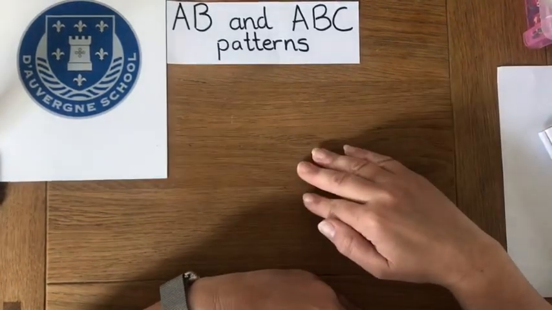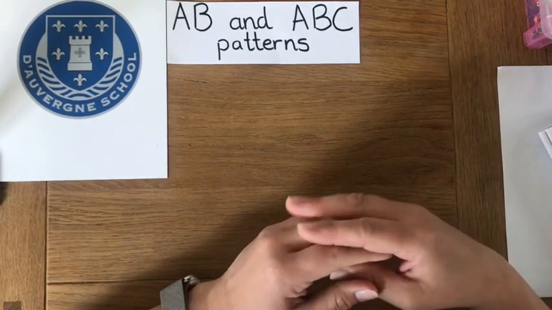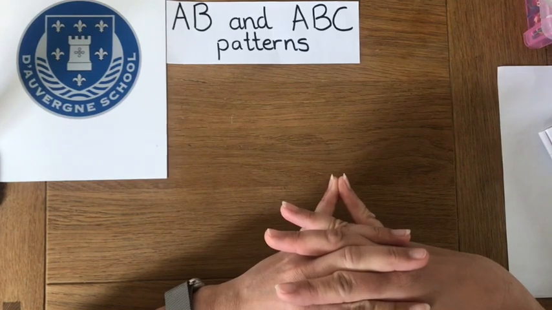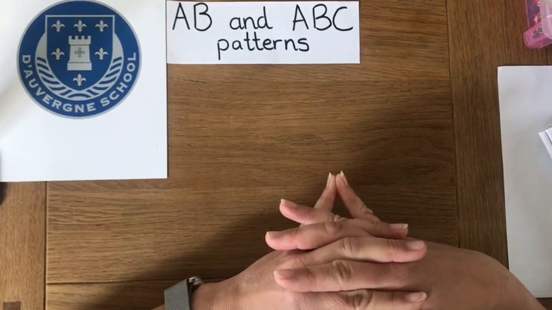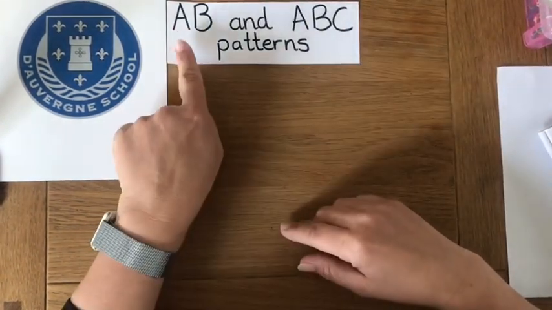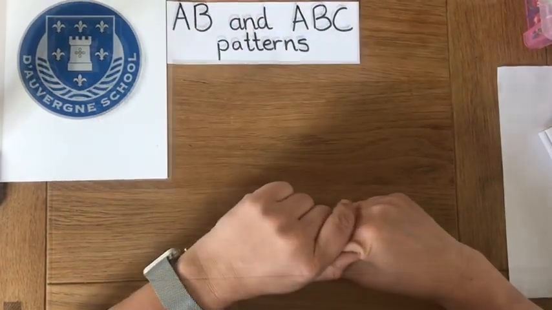We could use our phonic sounds for our patterns, things like sh, ch, sh, ch. We're just using two different sounds, two different actions, and therefore it's an A-B pattern.